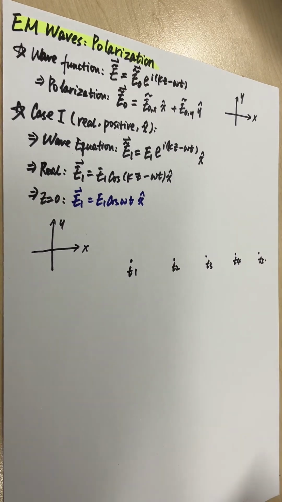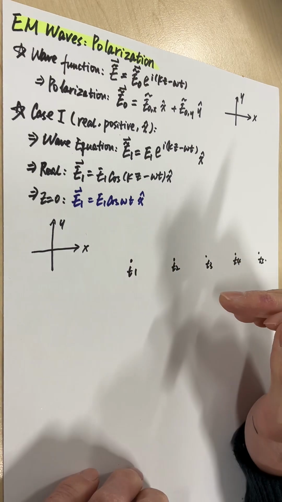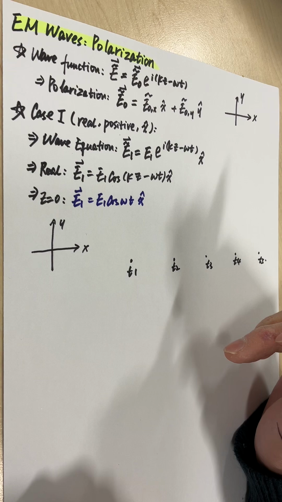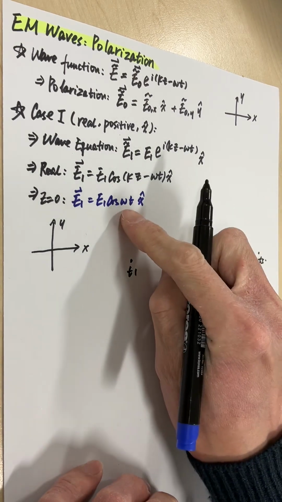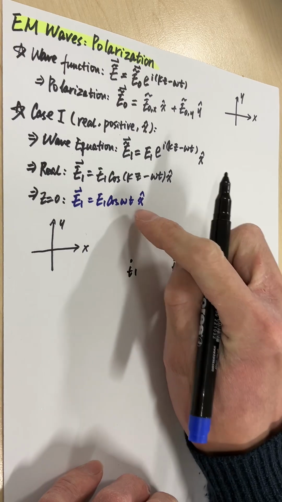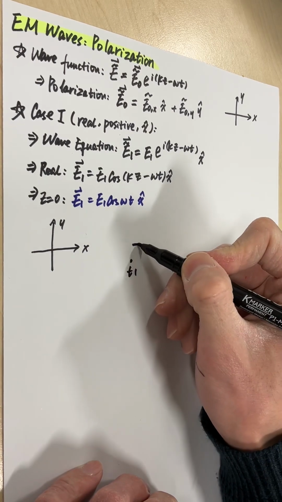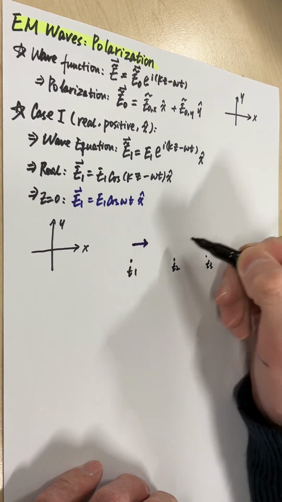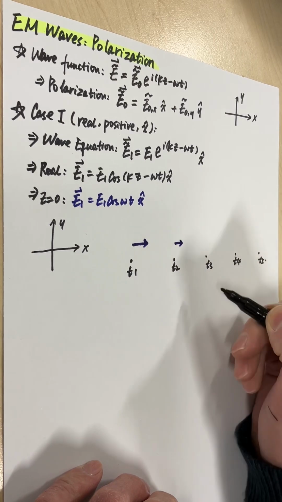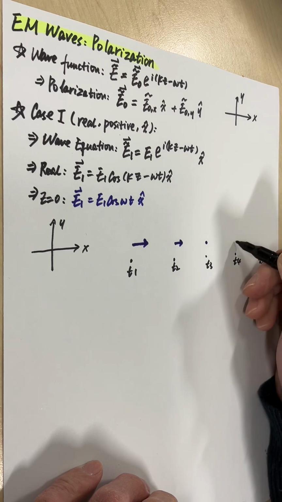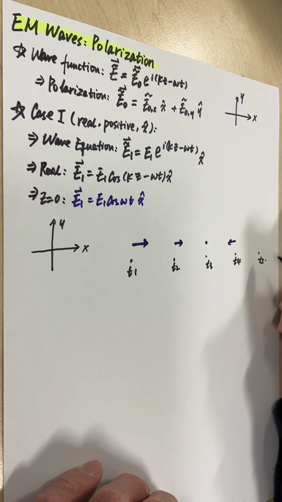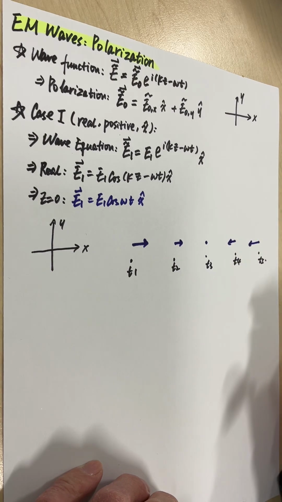So the polarization is along the x direction. At first, when t equals 0, this cosine omega t reaches the maximum. So I have the maximum along the x direction, and then it reduces over time to 0, and then increases in the opposite direction, up to the maximum in the opposite direction.